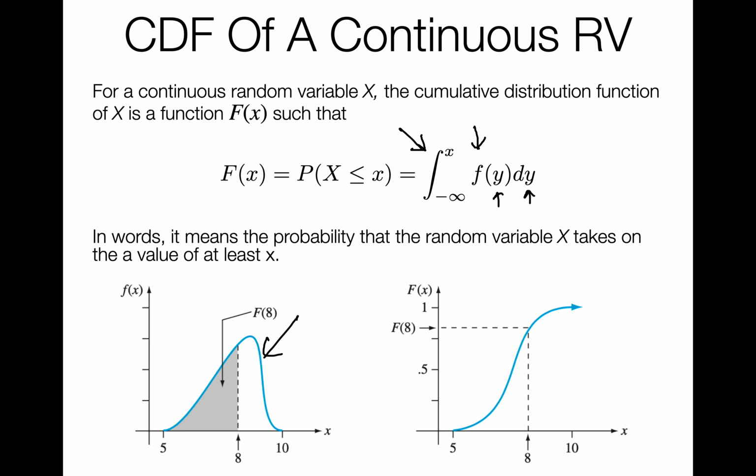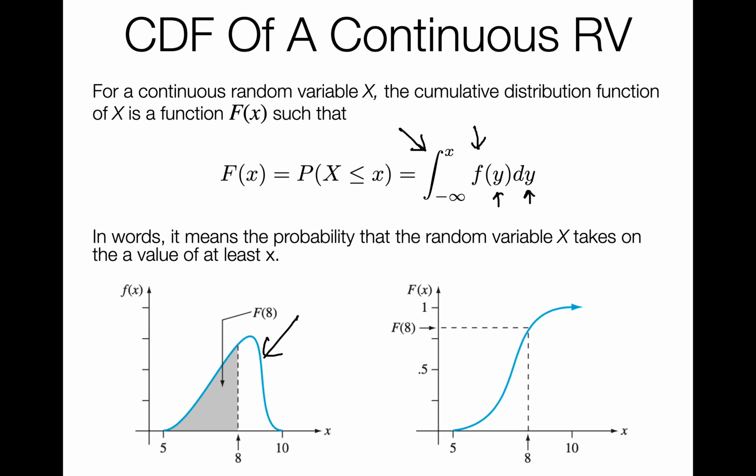And now, instead of just between two numbers, it's going to be everything up until a number. So that's what we're showing on the left graph at the bottom: the CDF evaluated at 8 for some example where the PDF goes between 5 and 10. There's the area under the curve from the beginning, which looks like 5, up until 8.